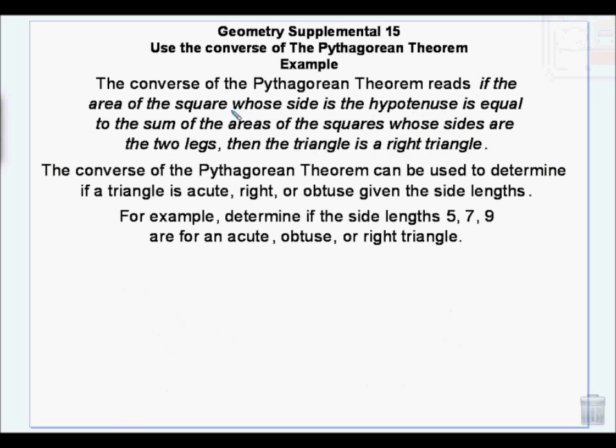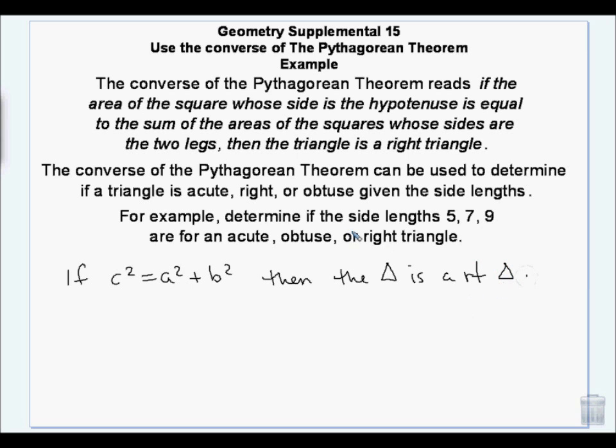The converse of the Pythagorean theorem says if the area of the square whose side is the hypotenuse is equal to the sum of the areas of the squares, basically it says if C squared is equal to A squared plus B squared, then the triangle is a right triangle.